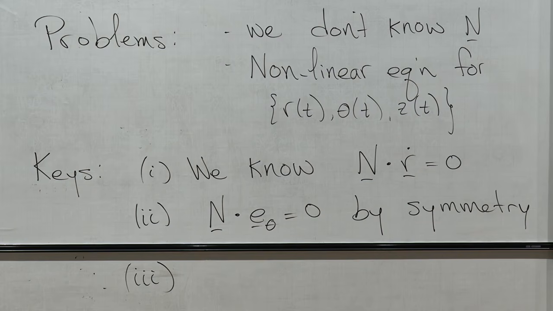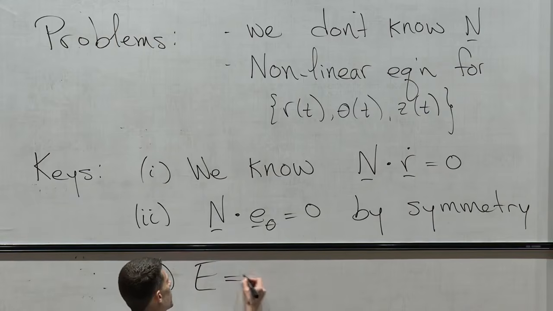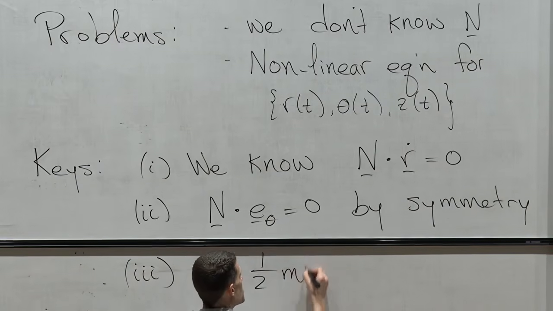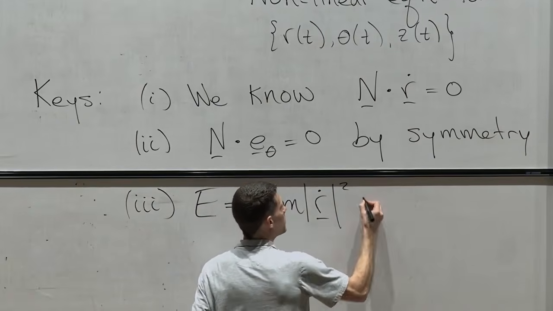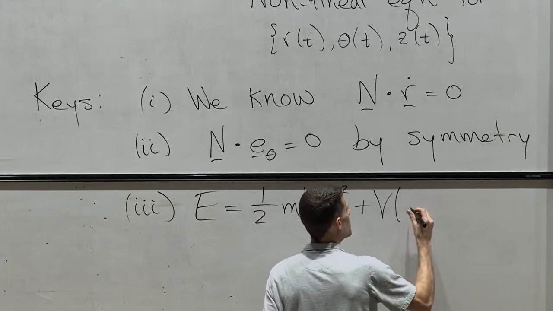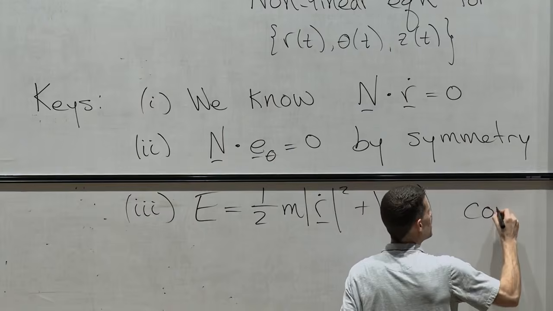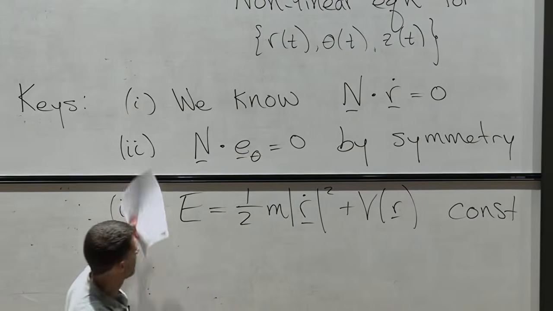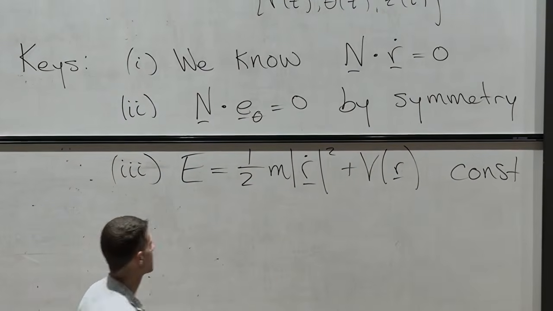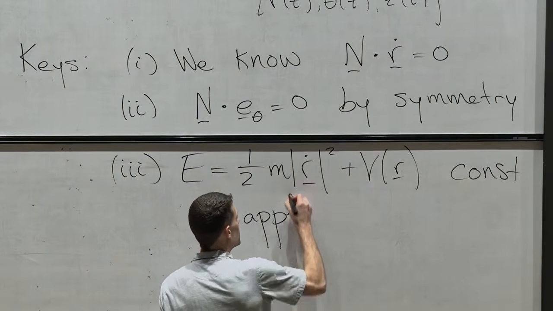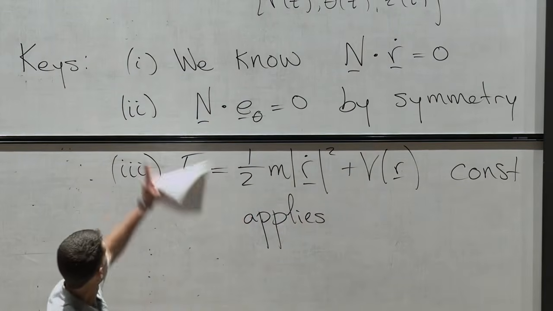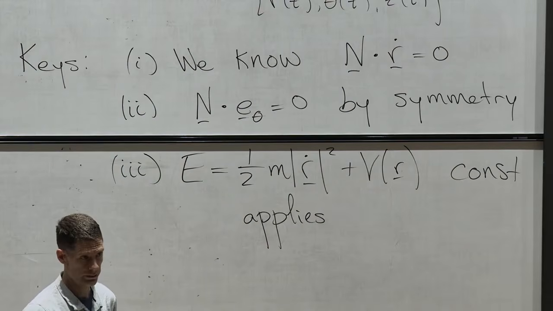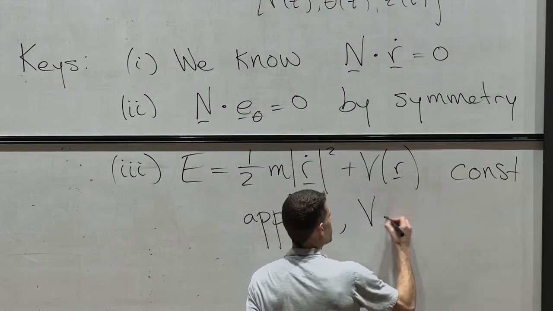As long as we have a conservative system, no energy being lost, smooth surface, smooth constraint, I have energy conservation applying. In other words, 1/2 m r dot squared plus v of r is constant. And since I only have gravity as the only conservative force in the system, v is just mgz.